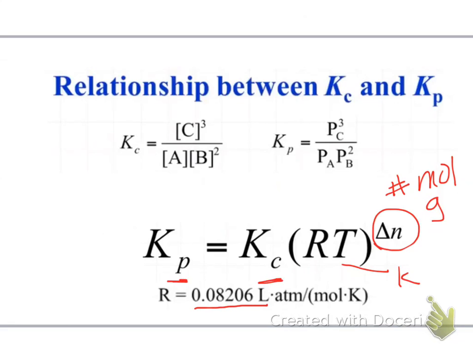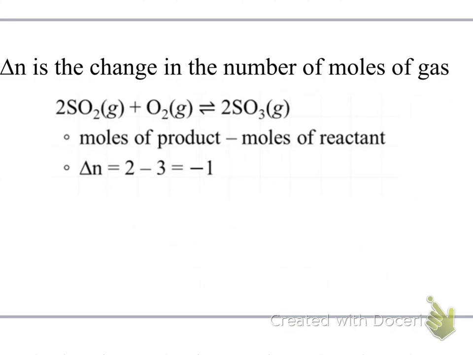Okay, so let's go ahead and try doing a problem. Delta n represents the change in number of moles of a gas. So let's take a look at how that would work. Here I have 2 SO2 plus 1, implied, O2, becoming 2 SO3.